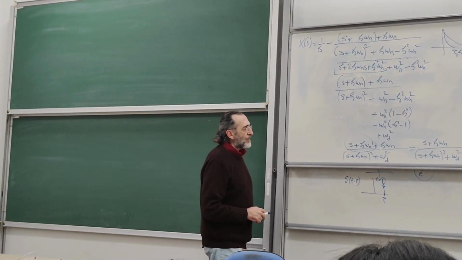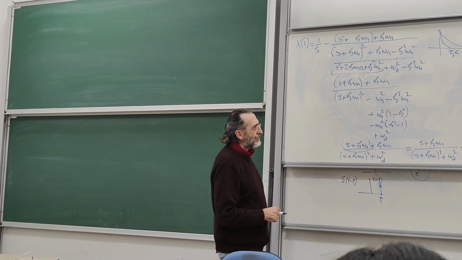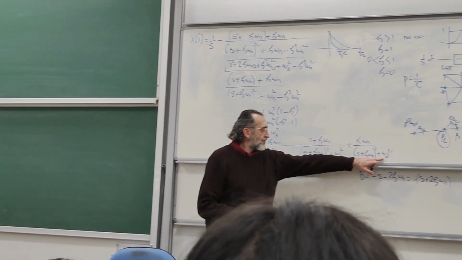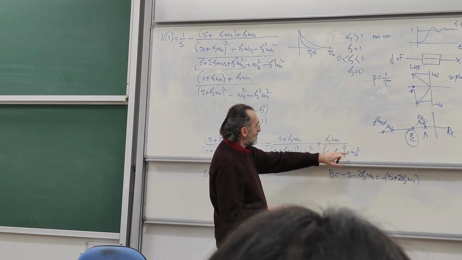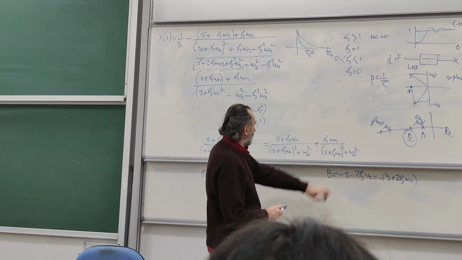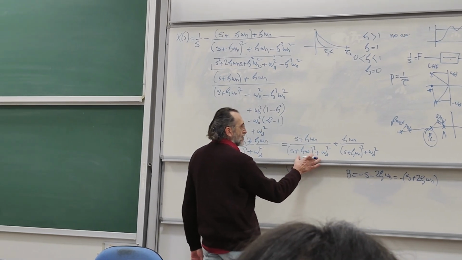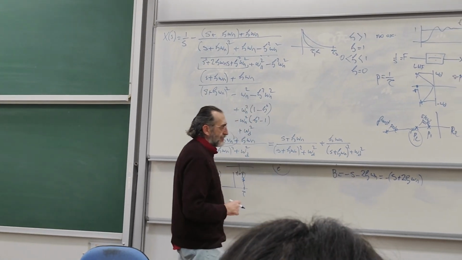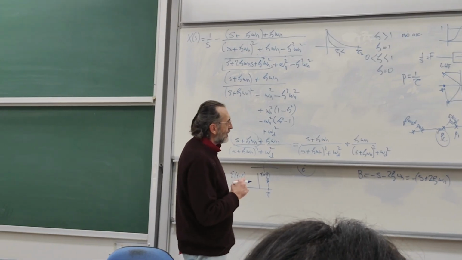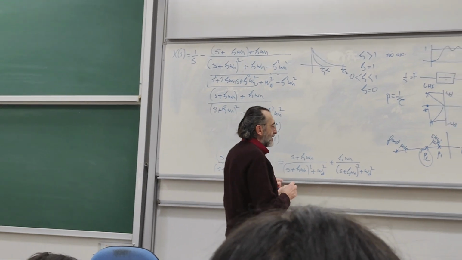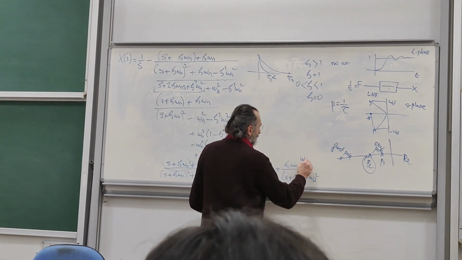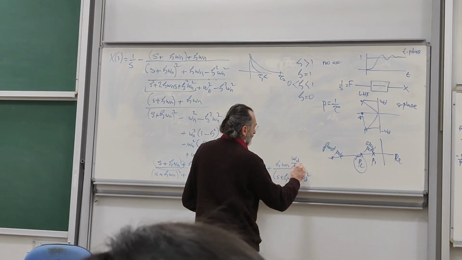Really nice so far. Now if I can turn this into an omega d squared, then I have a cosine here and a sine here, which is perfect, exactly what I want. So what I do then is I multiply this with an omega d and divide it with omega d.